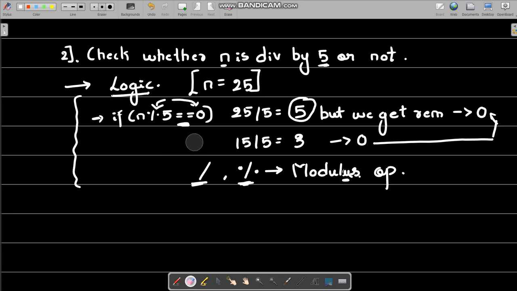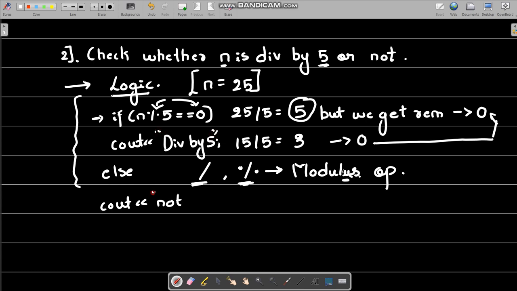So we use double equals, which is basically for comparing both values. So if n modulus 5 double equals 0, cout divisible by 5, else not. Simple. Here the code ends.